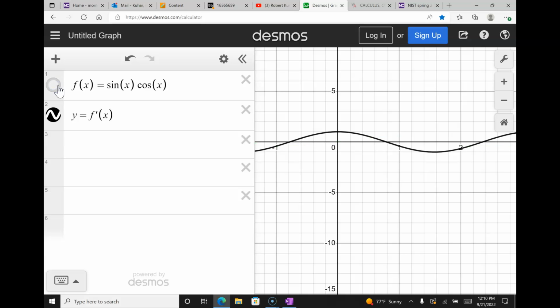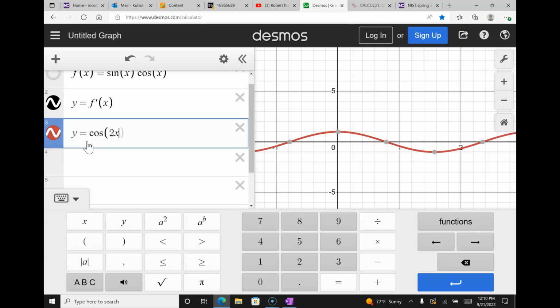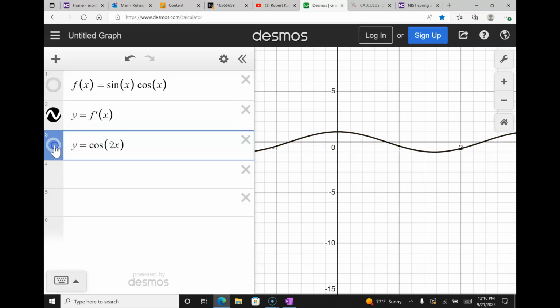The black is my derivative, right? Desmos doing it. I want to put in my answer and see if it matched, right? Y equals cos of 2x. Boom. Look at that. Red and black.